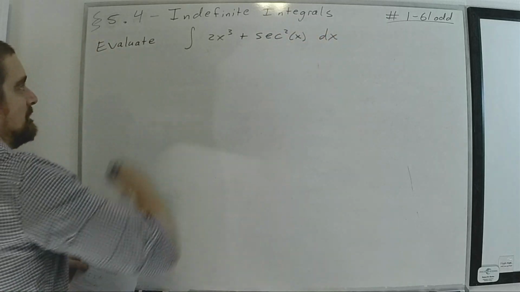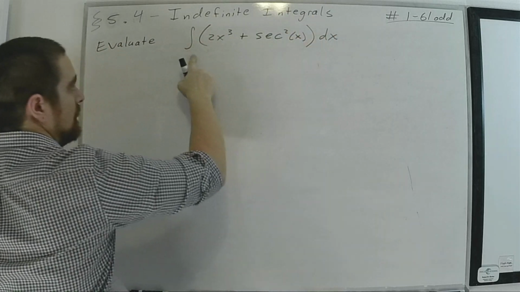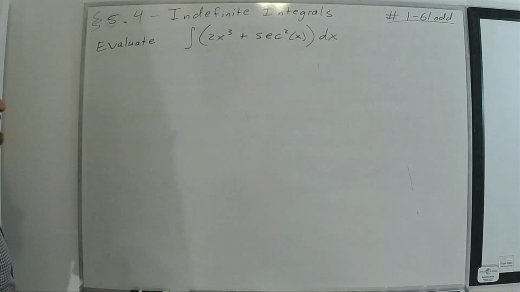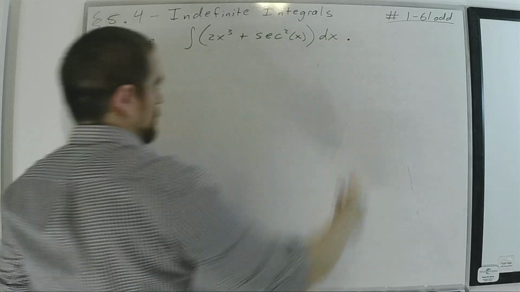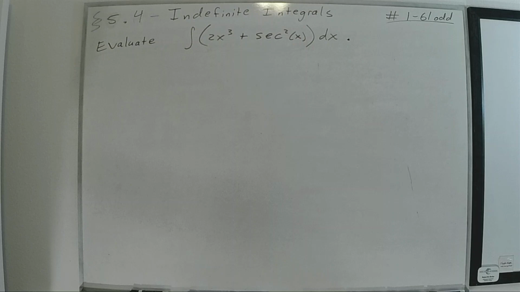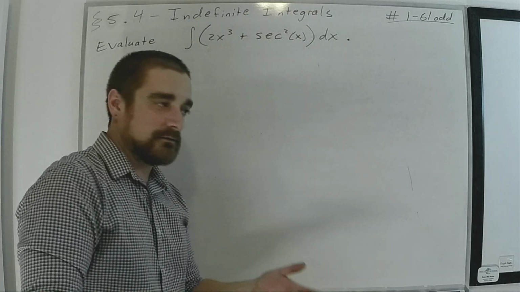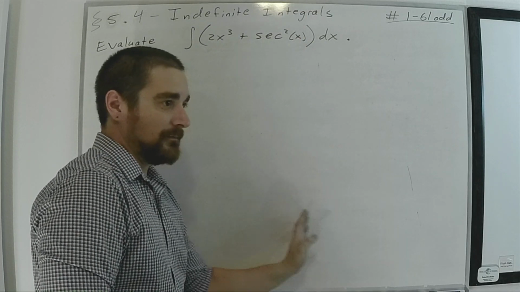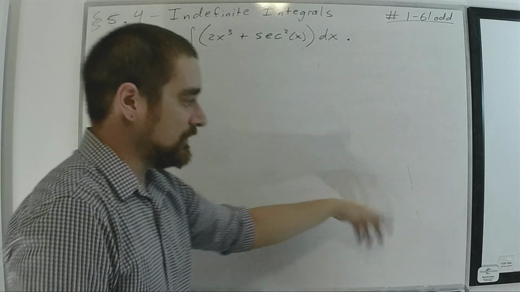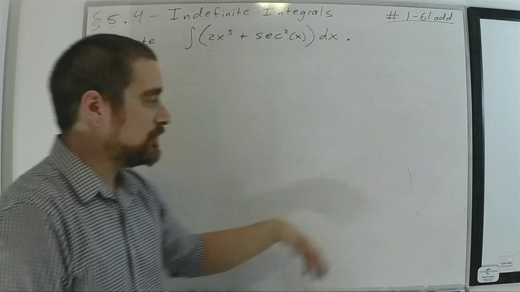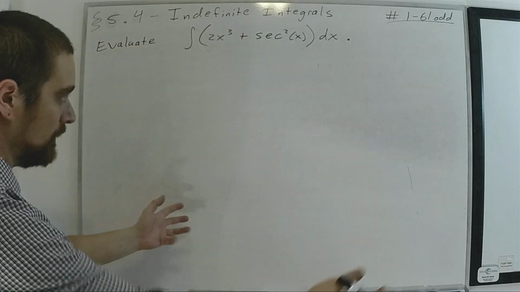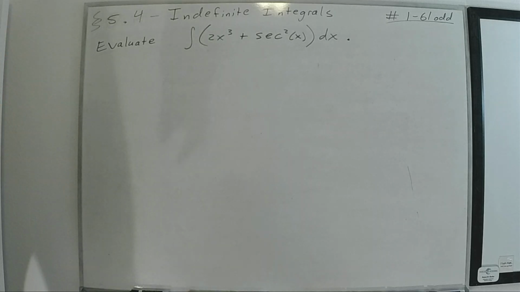So to keep everything inside the operation of anti-differentiation, we put those parentheses there because they're separated by a plus or a minus. And we did the same thing with limits when we wrote a limit of something that had extra terms in it, 1 plus 2 plus 3 plus 4 plus 5 terms, however many terms there are. We put them all in parentheses to maintain that they're all in the limit.